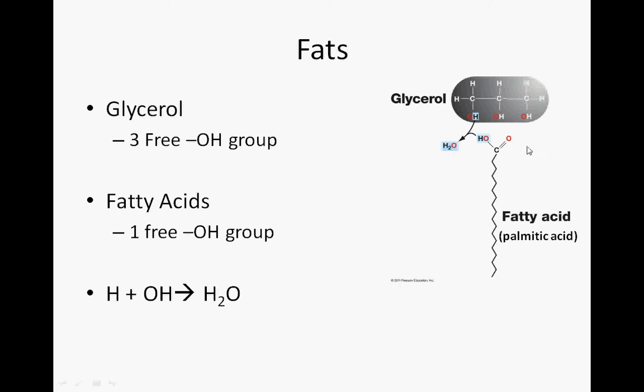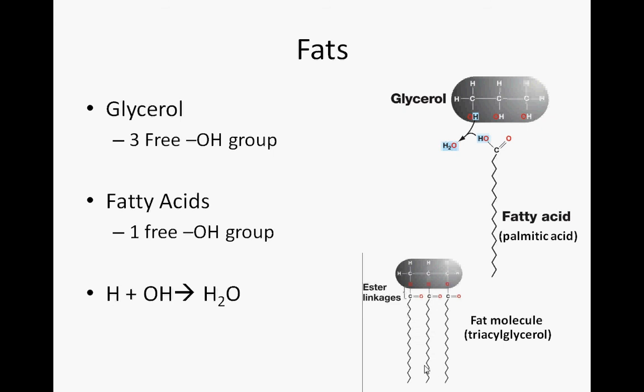When you're synthesizing a fat, you have a fatty acid chain here, and a molecule called glycerol here with a free hydroxyl group here, and a hydroxyl group here. So guess what happens? Once again, we get a condensation reaction between this hydroxyl group and this hydrogen, a water molecule is produced, and the fatty acid is linked to the glycerol.